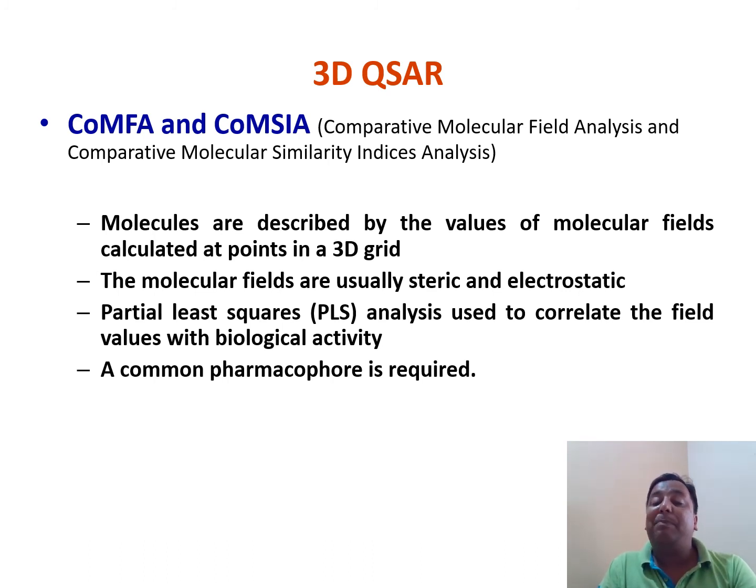We analyze with partial least squares, which correlates the field values with the biological activity, and a common pharmacophore is required. What is a common pharmacophore? Plenty of drugs have one common pharmacophore, common features, which is responsible for becoming a drug.